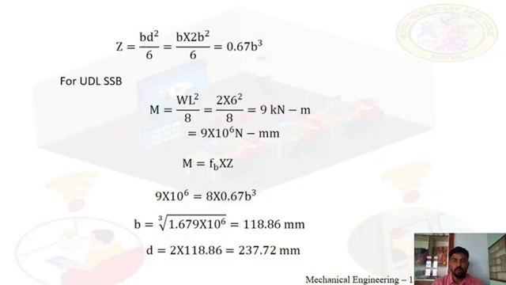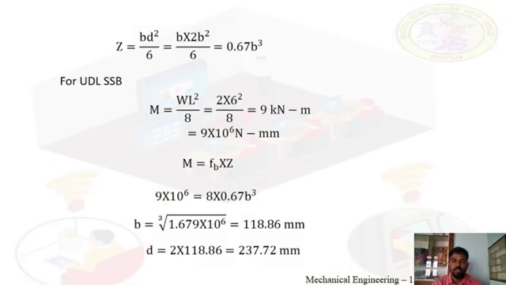So we know M is equal to fb into Z, because M by I is equal to fb by y. So send I to the right side. Now it will become M is equal to fb into Z. I by y is nothing but Z. So M is already calculated, 9 into 10 power 6. fb is given 8 Newton per mm square, and Z we calculated and kept in the form of b, that is 0.67 into b cube. Now calculate the b. b is equal to cube root of whatever the value inside.